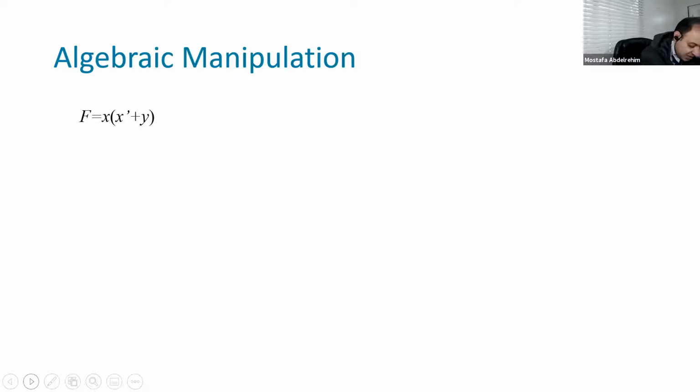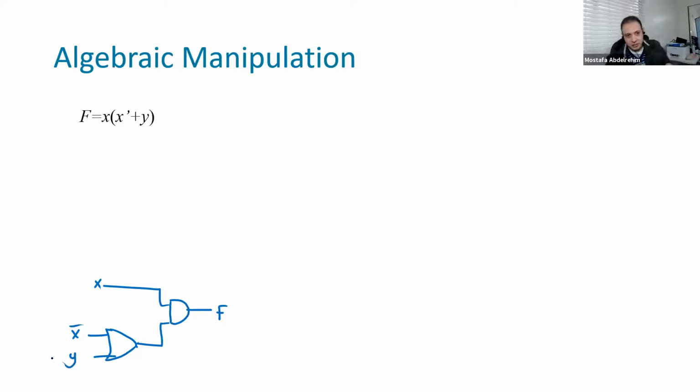So you need an AND gate. This AND gate has input as X, and the other input comes from an OR gate that takes X bar and Y. So we need 2 gates. Okay, good. But let's try to minimize it and see if we can reach a simpler form.